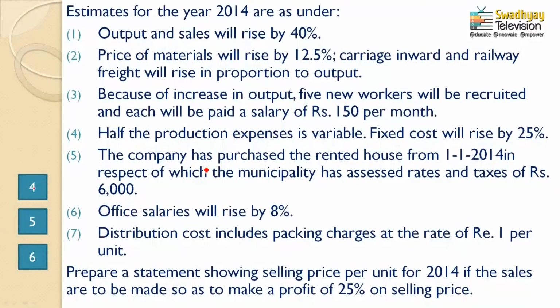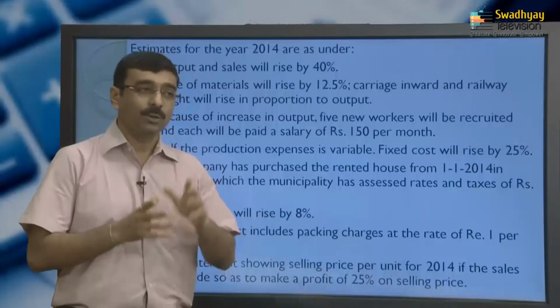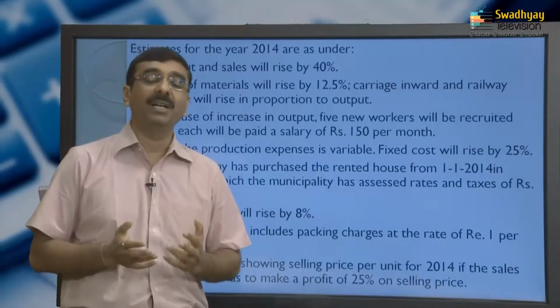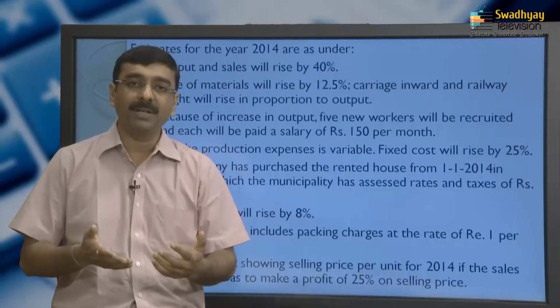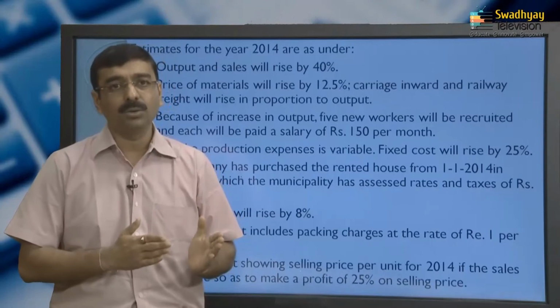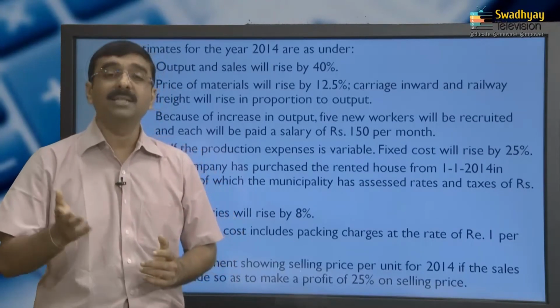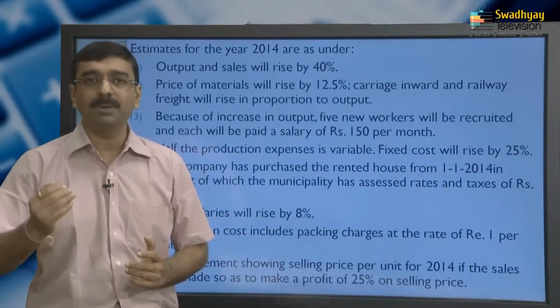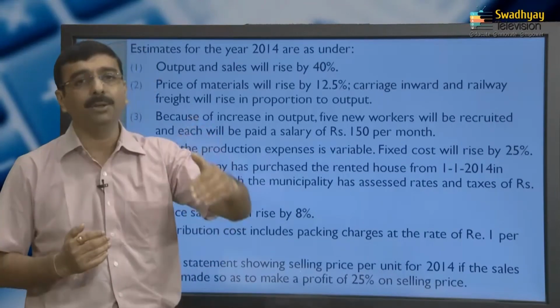Now this is the way to find out the total working required, or the missing items regarding the question. Prepare a statement showing the selling price per unit for 2014 if the sales are to be made so as to make a profit of 25% on selling price. On the basis of this we find out what profit would be charged in the year 2014 on cost price instead of selling price, because the selling price is calculated after the profit has been added to cost price.